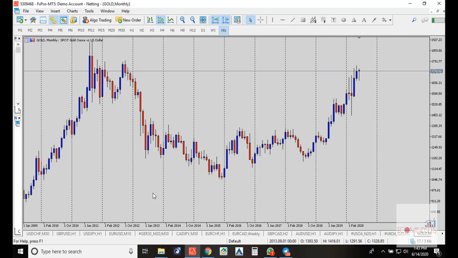In other videos that will come in the near future and in the live webinars that we are going to hold, I'm going to teach you how to use your support and resistance levels in conjunction with either an RSI or a stochastic or any other indicator to have good, proper, safe entries.